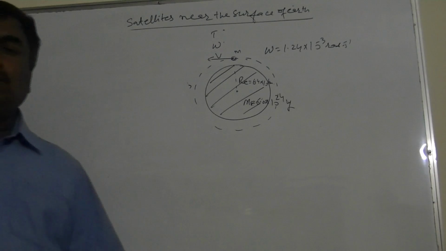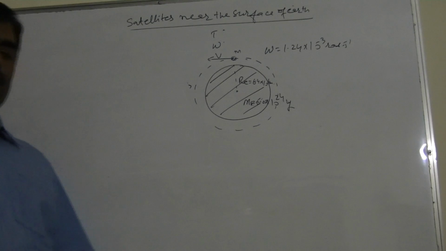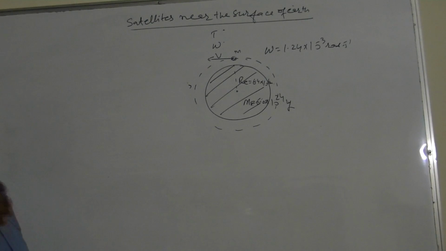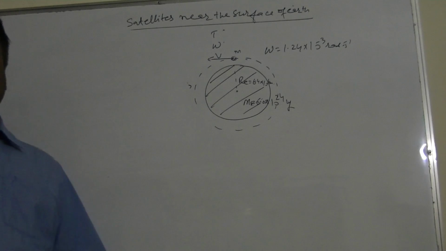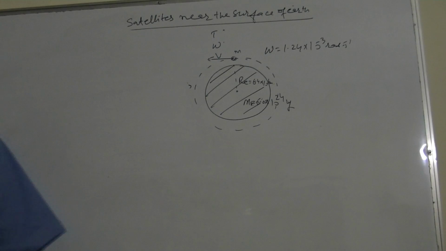It's also used for weather forecasts for all around the world. So these satellites are near the surface of the Earth, and they are used in that way. Their linear speed is almost 8 km per second, their angular speed is 1.24 into 10 power minus 3 radians per second, and their time period is almost 85 minutes or 84 minutes, or from 80 to 90 minutes, I can just say.